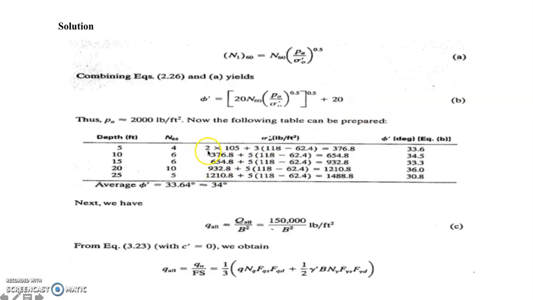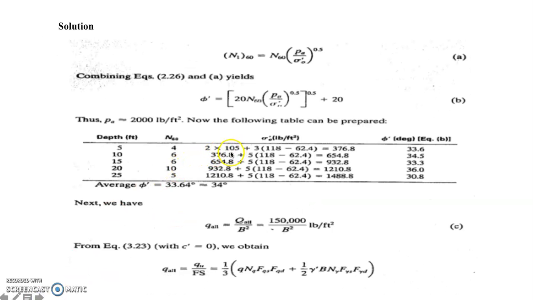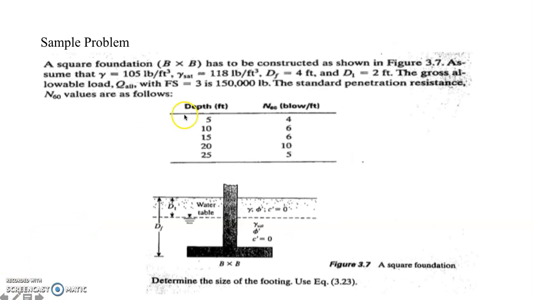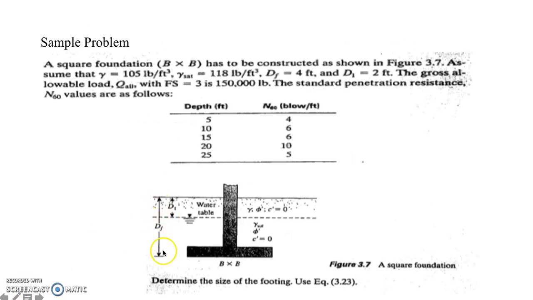For this one, this 2 comes from D sub 1 multiplied by our 105, which is our gamma, plus 3, since that depth is saturated.